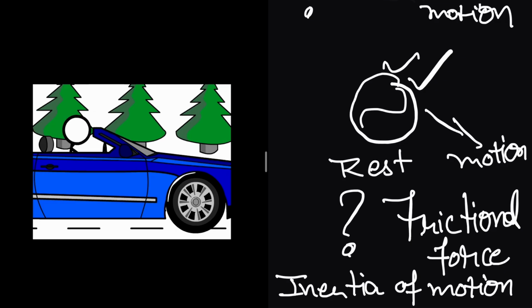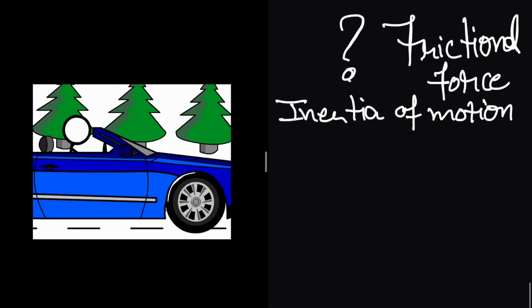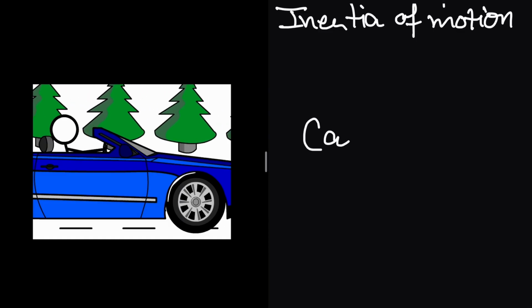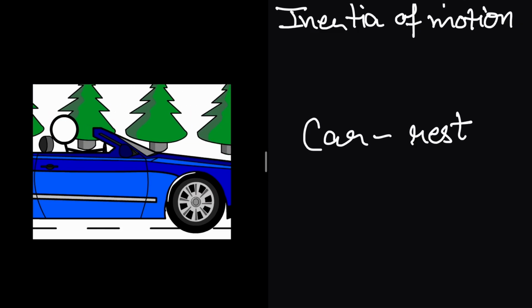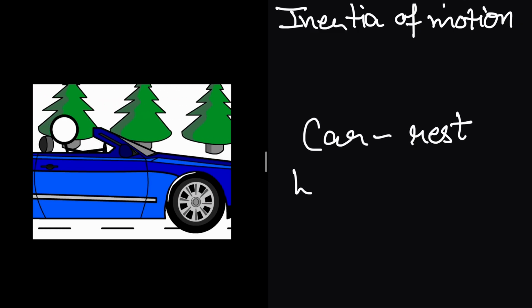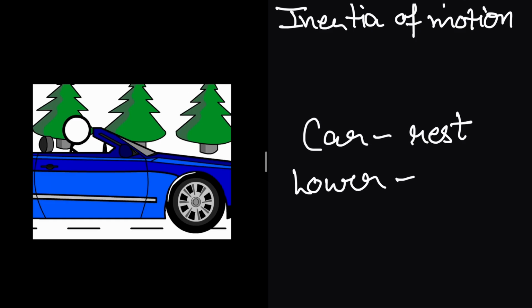This is the example: when a person is driving a car, suddenly he applies the brakes. When he applies the brake, the car will come to rest. But the lower part will also come to rest, no doubt, because it is in direct contact with the car.